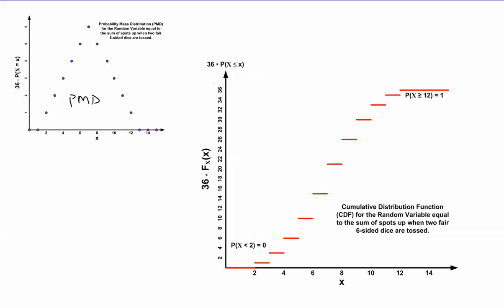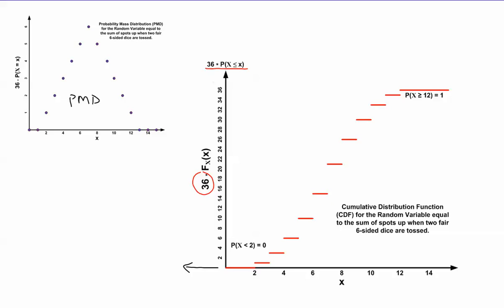Now, once again, you'll notice that my vertical scale is multiplied by a factor of 36. And just to remind you that my vertical scale is the cumulative distribution function for x, I've reminded you at the top of the vertical axis that it's the probability that x is less than some specified level, little x. All right. So you'll see that my cumulative distribution function is 0 as I move towards negative infinity.